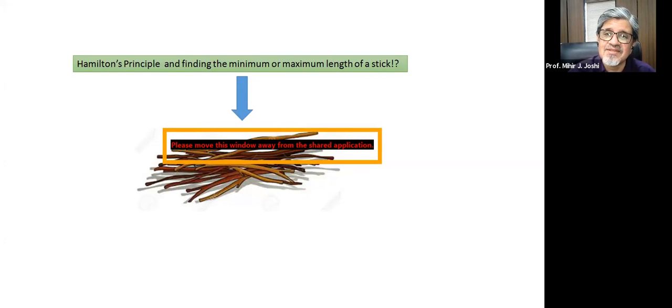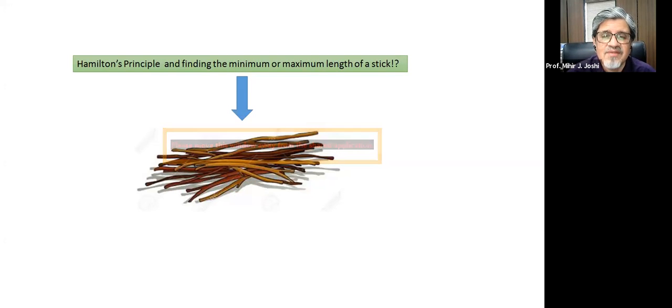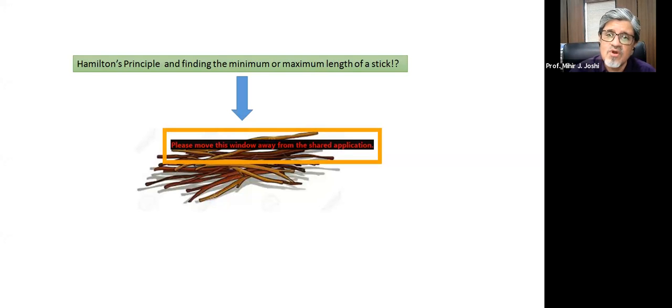So that indicates that we have reached the largest or longest stick. If you compare with itself at the end of the process, the difference is zero. But if you compare with another one, a difference is always there. So that indicates that you have reached the longest stick or shortest stick.